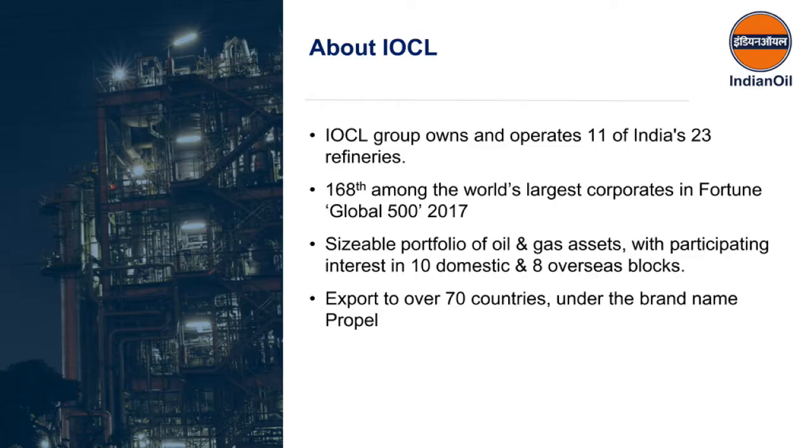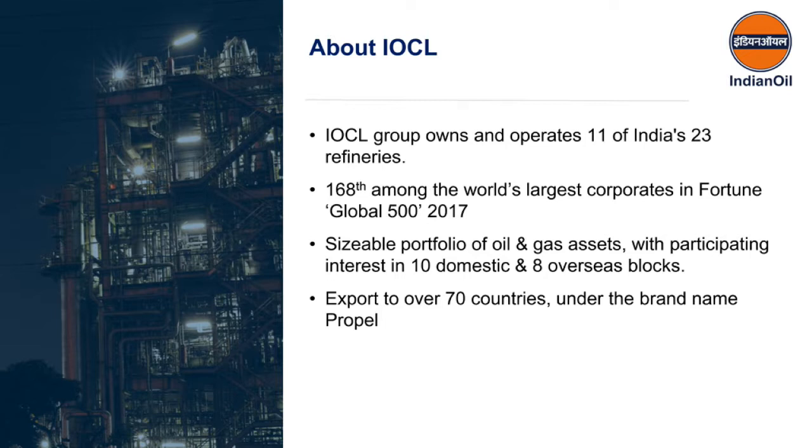To kick things off, let me give a small brief about IOCL. Indian Oil is ranked 168th among the world's largest corporates and first among Indian enterprises in the prestigious Fortune Global 500 listing for the year 2017.